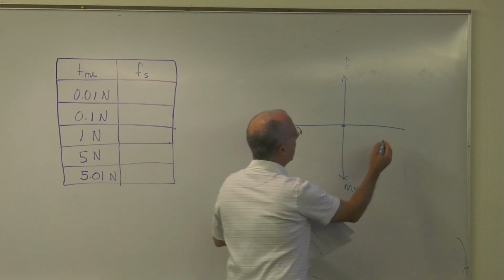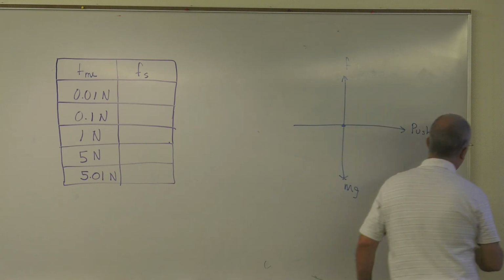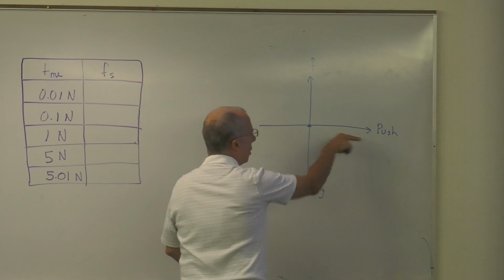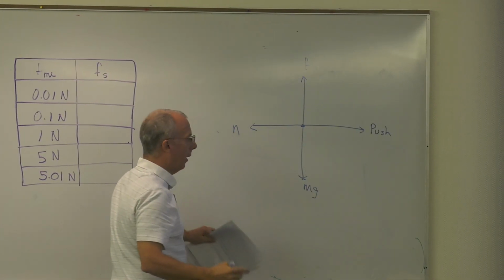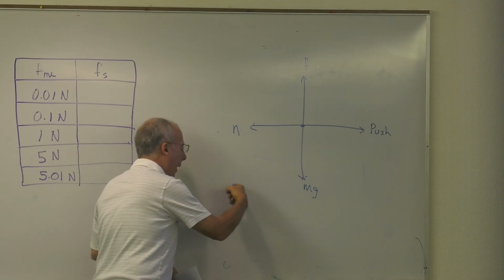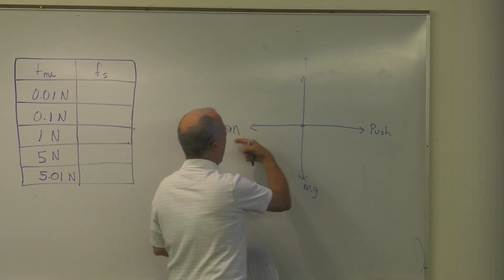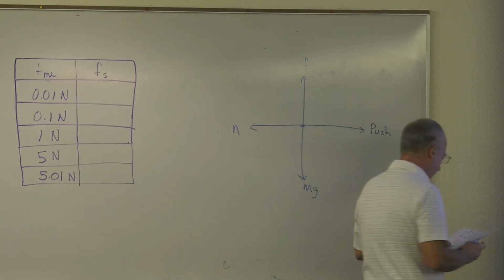Now, let's say that this is the push. So we're kind of looking at it sort of like that, right? All right, so this is me pushing it, and then this is obviously the normal force. So I push it this way, the normal force is this way. So we're saying that this is in and this is out. Okay? All right.